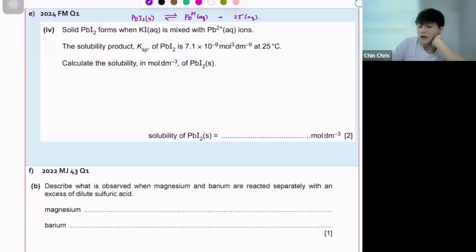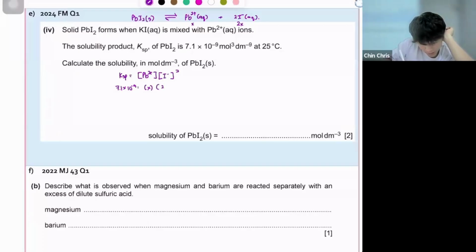Okay. So guys, they say blah blah blah, solubility of PbI2 is, so this is X, so this is 2X. So again, Ksp is equal to Pb2 plus times I minus squared. 7.1 times 10 to the power of -9 equals X times 2X squared.